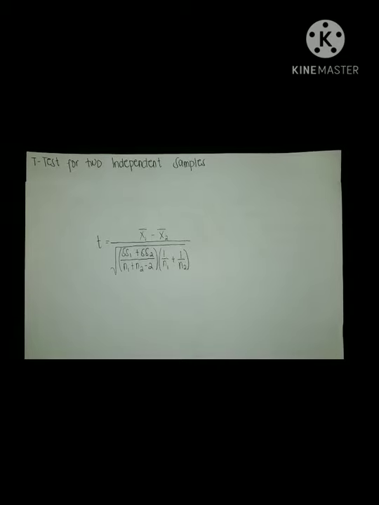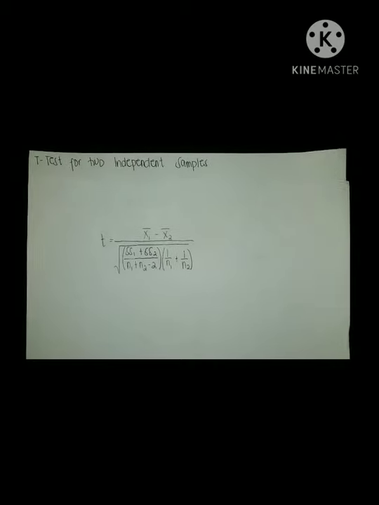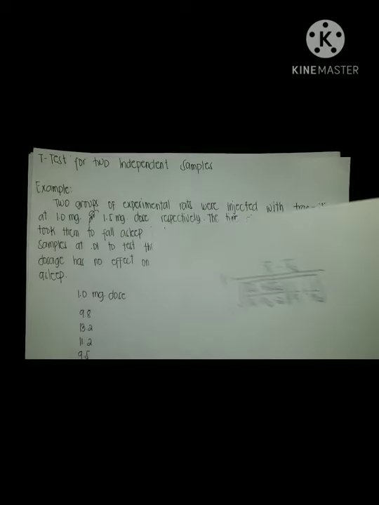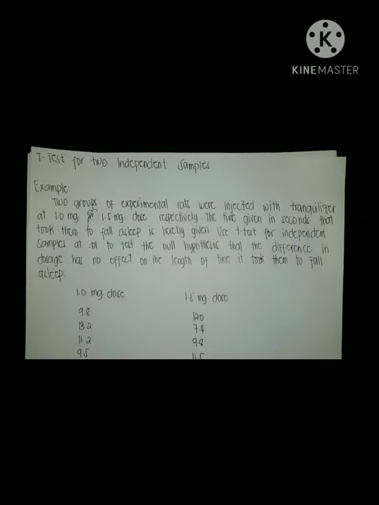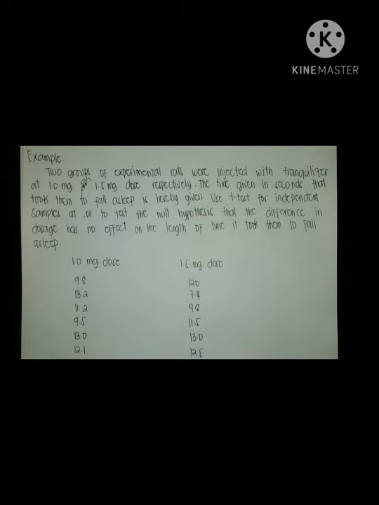So for us to apply the t-test for two independent samples, let us have an example. Two groups of experimental rats were injected with tranquilizer at 1.0 mg and 1.5 mg dose respectively.